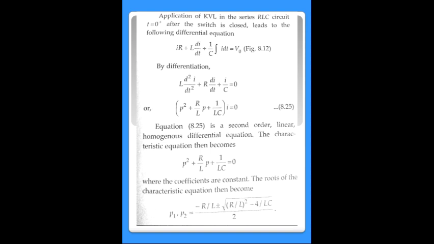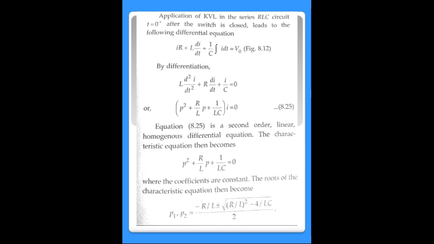So the equation is L d²i/dt² plus R di/dt plus i/C is equal to 0. After simplifying, p² plus (R/L)p plus 1/LC is equal to 0.